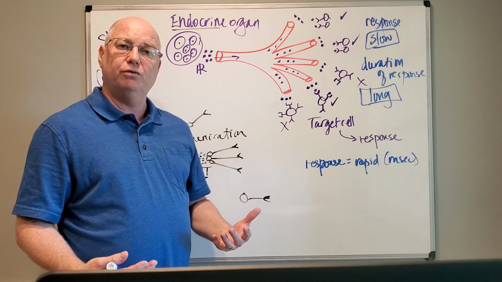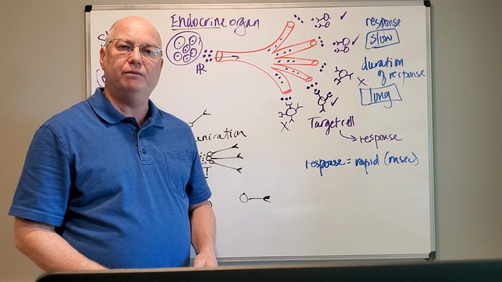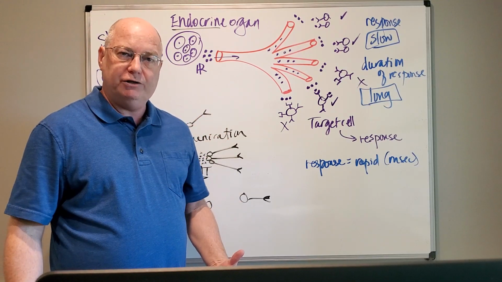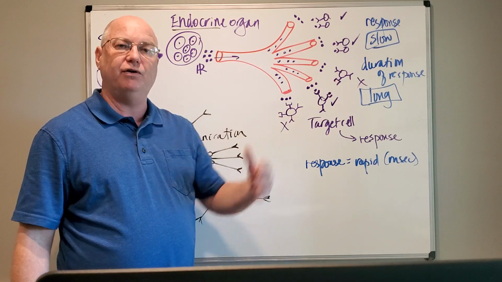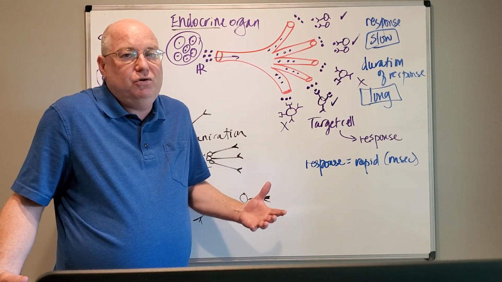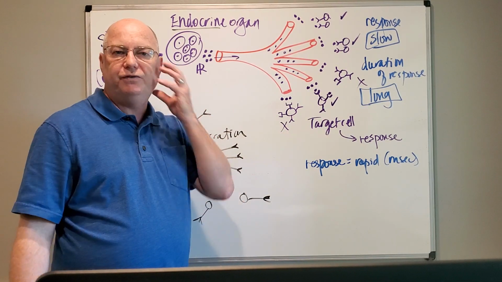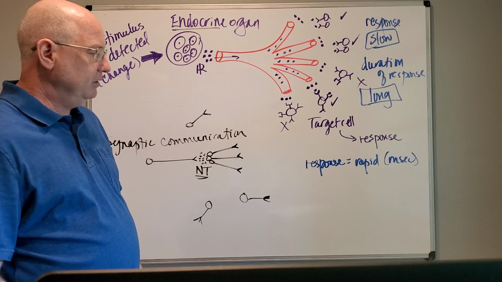Think about our sex hormones. When we start releasing them in high concentrations, when we hit puberty, our bodies change, and those changes last the rest of our lifetime. Okay? Once a female develops breasts, they don't go away. They're there for the rest of her life. Our body hair patterns, facial hair, they stick around for a long time.